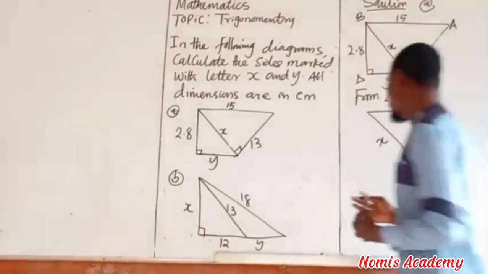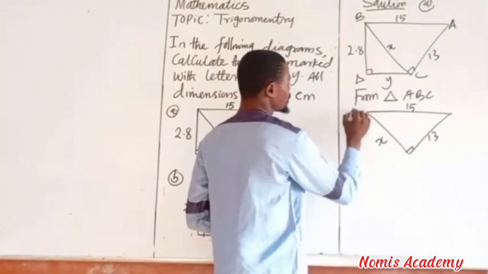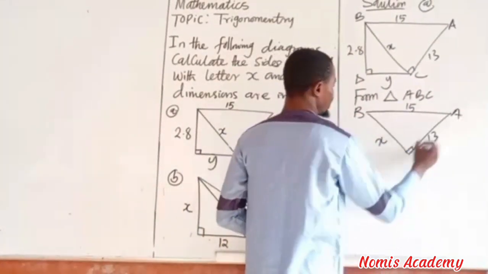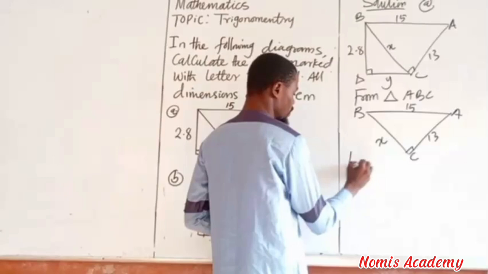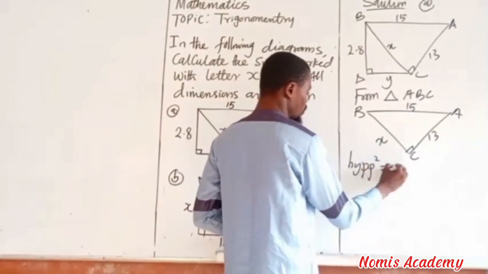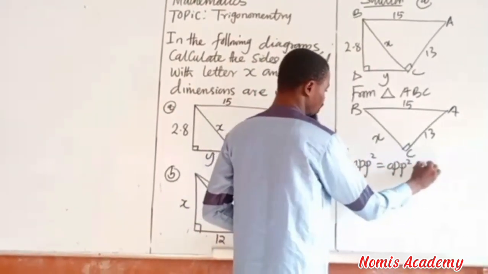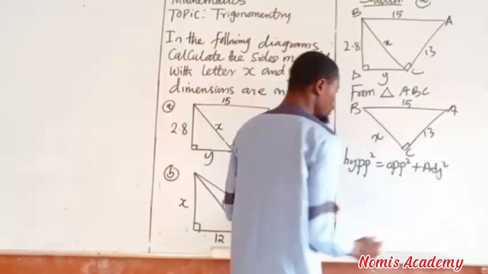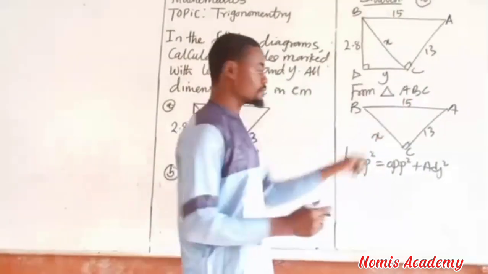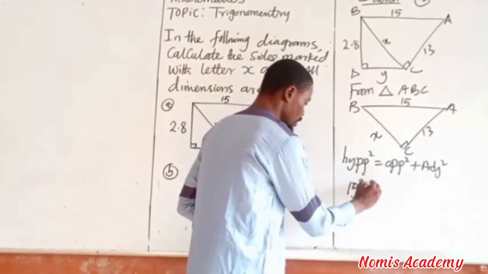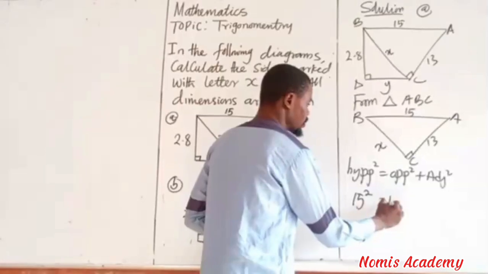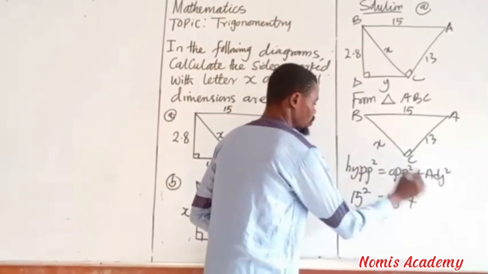Using Pythagoras theorem, here is B, here is A, here is C. We have hypotenuse squared is equal to opposite squared plus adjacent squared. Hypotenuse is now 15. We have 15 squared is equal to opposite 13 squared plus X squared.